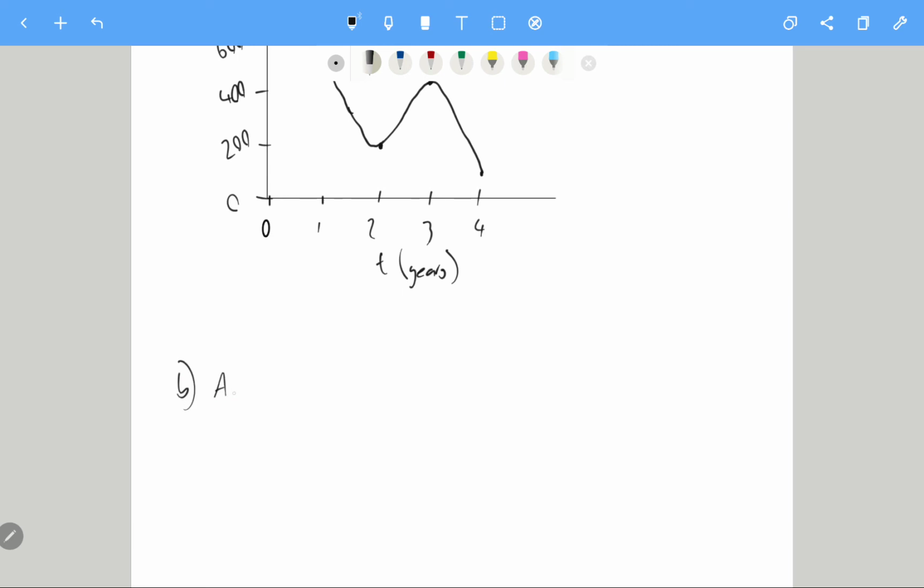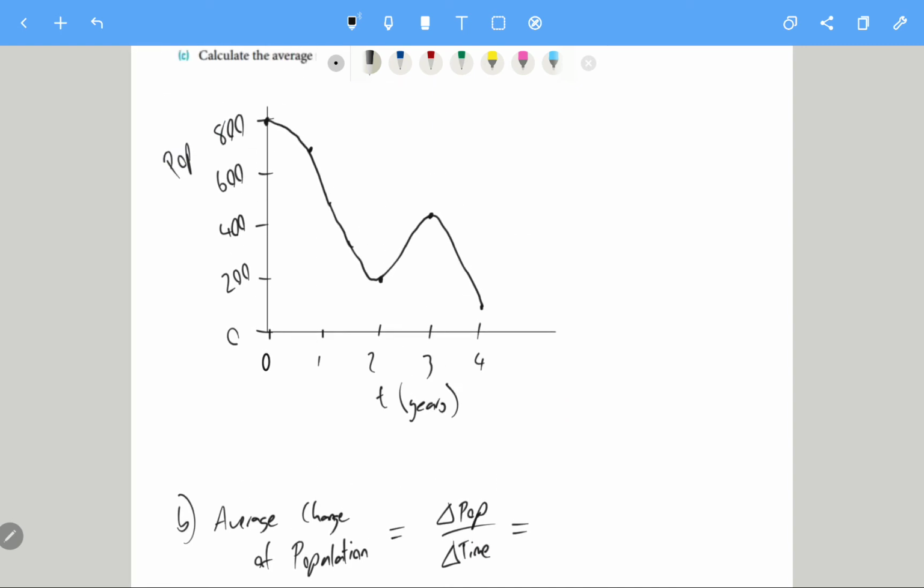B, average change of population. Well, it's the change in the population over the change in time.